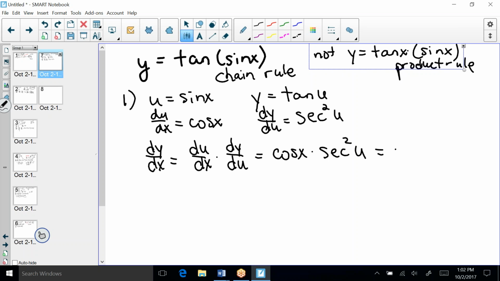So this is going to be cosine of x times secant squared of sine of x. I'm not going to write secant squared of x, because there is no secant squared of x. Instead of u, I'm going to write sine of x. So secant squared of sine of x. I need parentheses around that. And then again, just like that other problem, there's nothing to distribute and no like terms to combine. That's going to be your answer for that one.